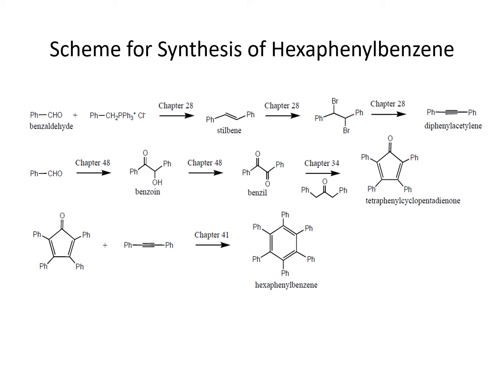The final reaction in this long mechanism is when this tetraphenyl cyclopentadienone reacts with diphenyl acetylene, it gives us hexaphenyl benzene. So it's just all about providing an input to the whole mechanism that you can see here.